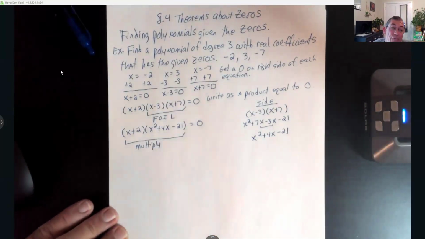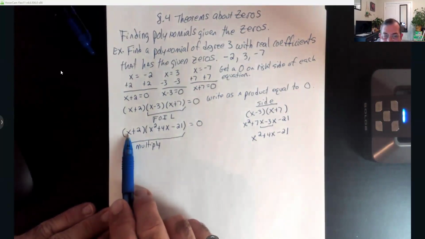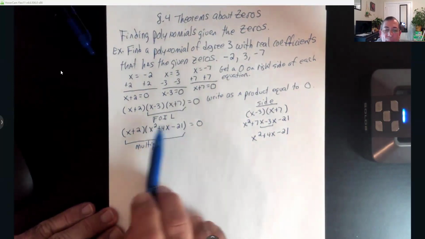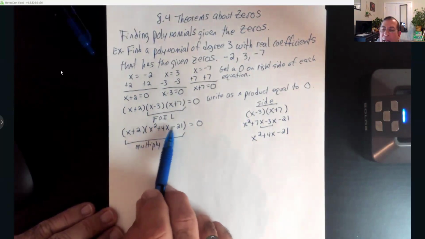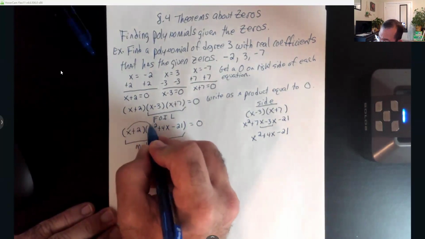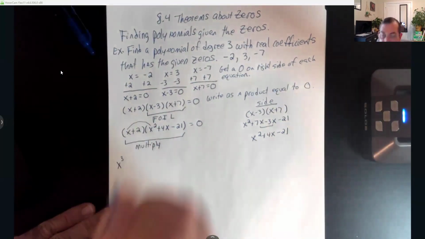But it is still sort of FOILing, okay? This x, I'm going to distribute times all 3 of these. This 2, I'm going to distribute times all 3 of these. So y'all, here we go. X times x squared is x to the 3rd.